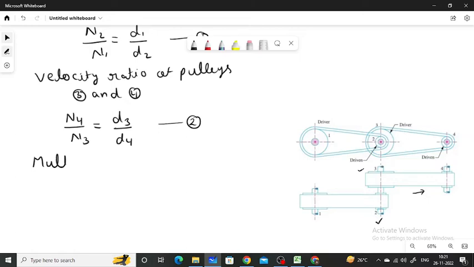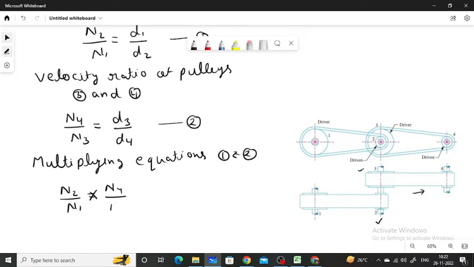Multiplying equations 1 and 2, N2 upon N1 into N4 upon N3 will be equal to the D1 into D3 divided by D2 into D4.